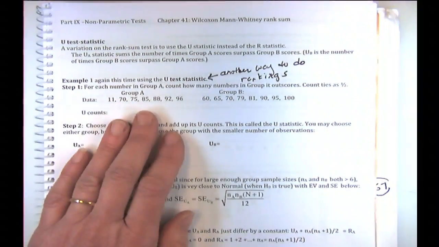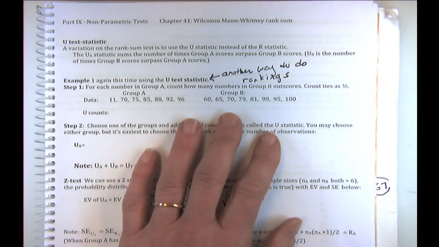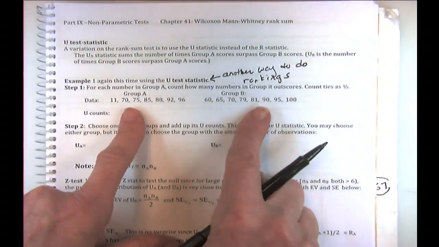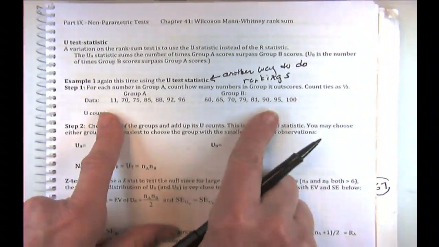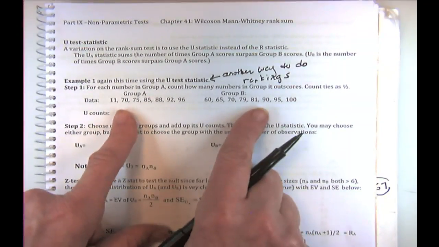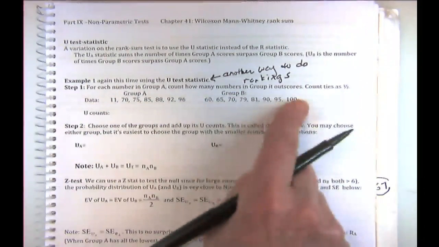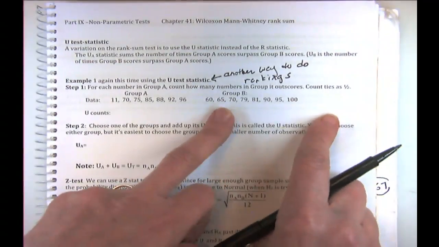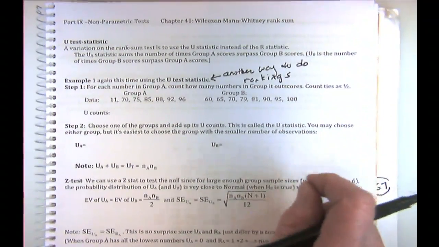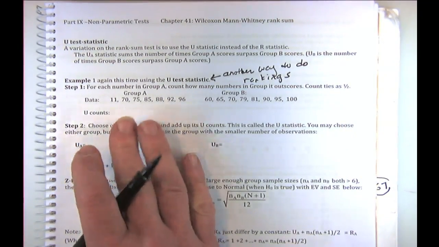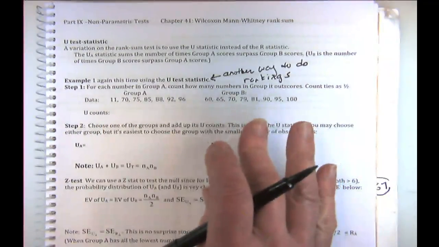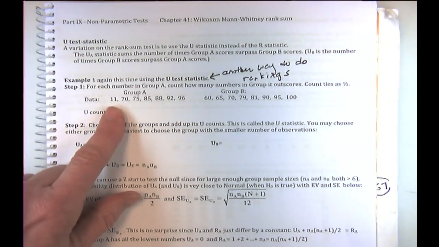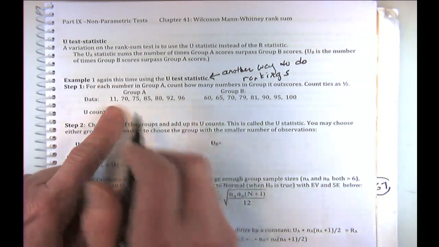Now, what do I mean by this? It's like two teams are playing each other, having individual matches. Let's say it's singles tennis, and you have this group A team and group B team, and each player in group A plays each player in group B, and you count how many times group A players beat group B players. So for example, here's this person who scored the lowest.